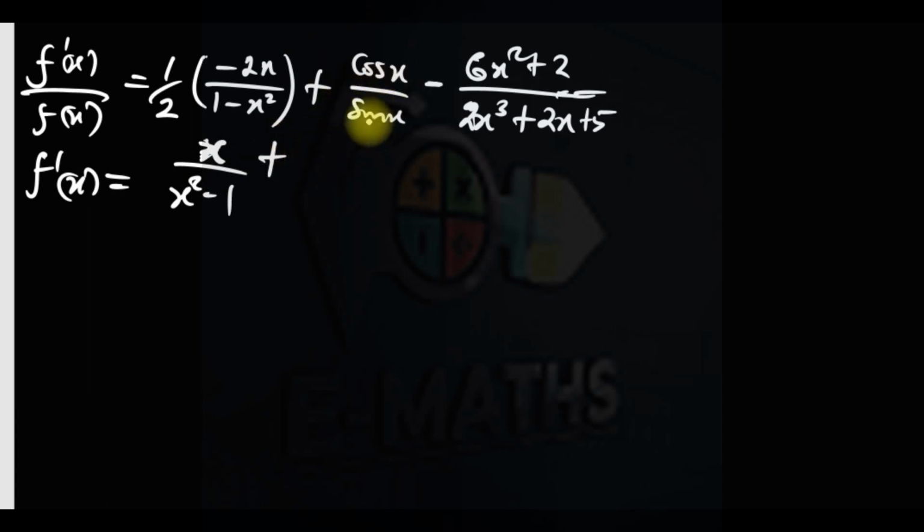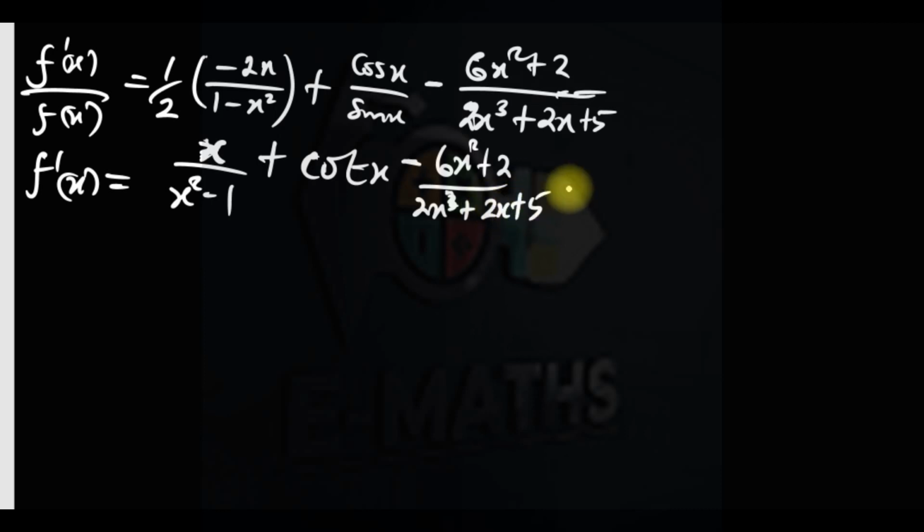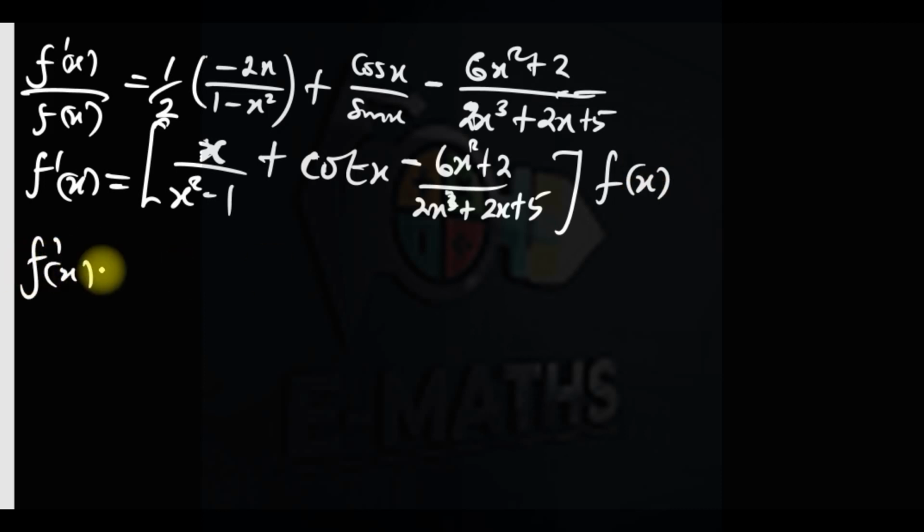Plus cos x over sine x is cot x. Do you remember our trigonometry? Minus (6x squared plus 2) over (2x cubed plus 2x plus 5), times f(x). I cross multiplied.